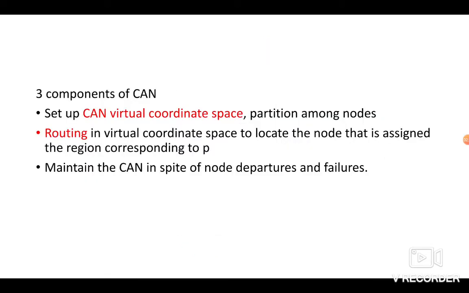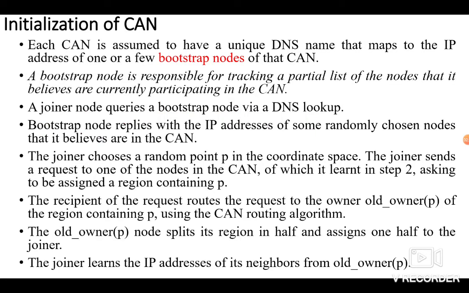We have three components for CAN. First, setting up the CAN virtual coordinate space. Second, routing the request. Third, maintaining the CAN. First, the initialization of CAN. Every CAN is assumed to have one unique DNS name. That unique DNS name is mapped to the IP address of one of a few bootstrap nodes in that CAN.